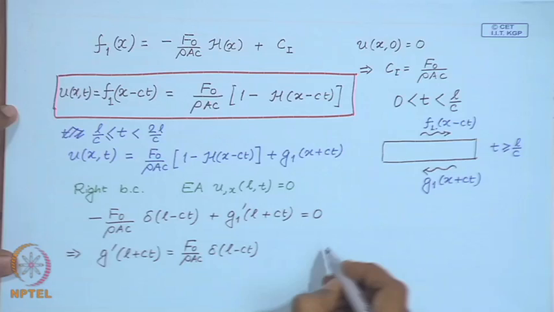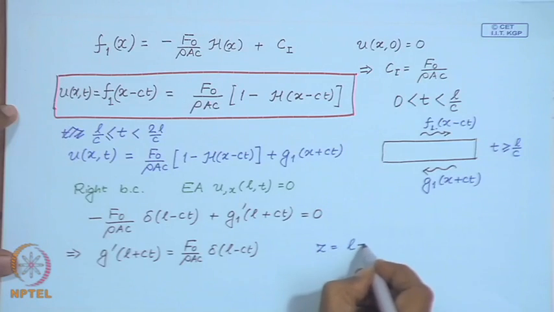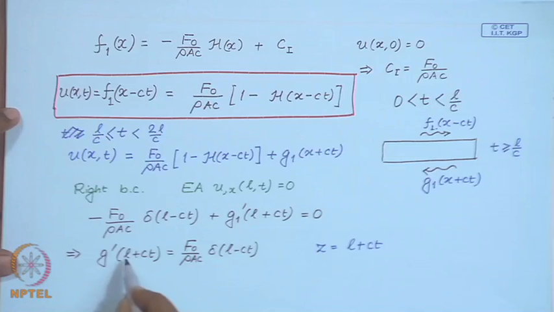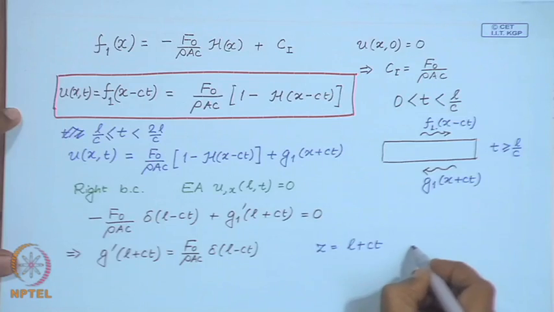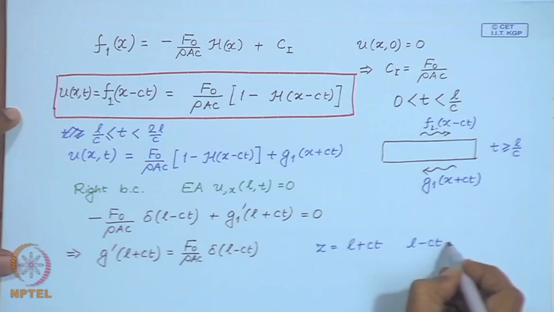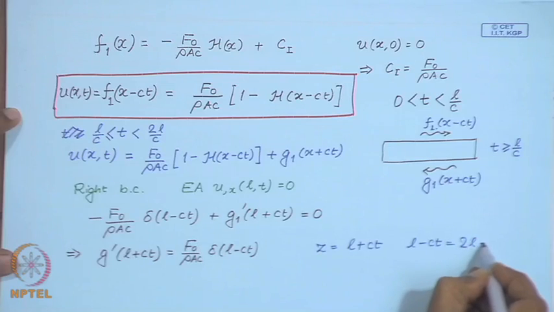Now let me make a substitution. Let me substitute this L plus C t, because we want to have g prime of z. So, z as L plus C t, and that means this L minus C t can be written as 2 L minus z.